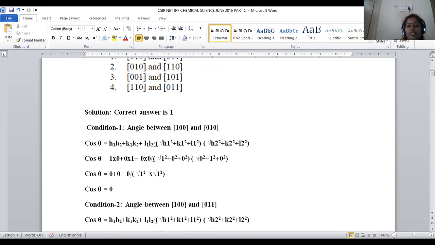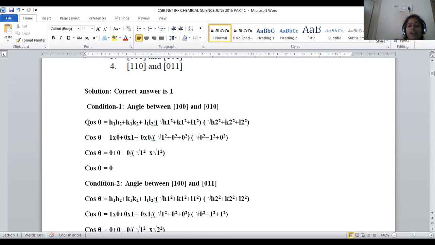Okay, so 100 was taken with 010. Let us see whether it is possible or not. For that purpose, we take cos theta is equal to. Here two different planes are given. One plane, let us assume, is HKL, that is nothing but h1 k1 l1 for the first plane, and for the second plane it will be h2 k2 l2.